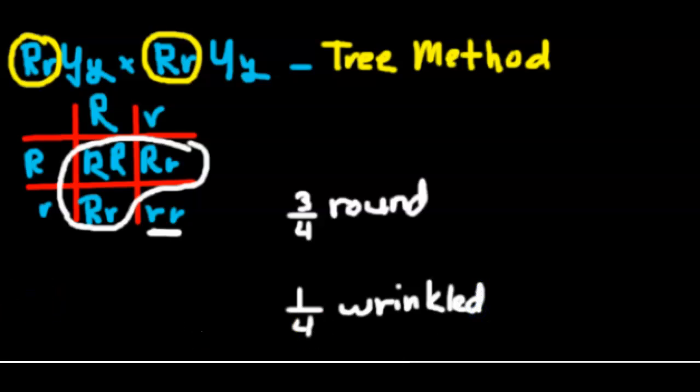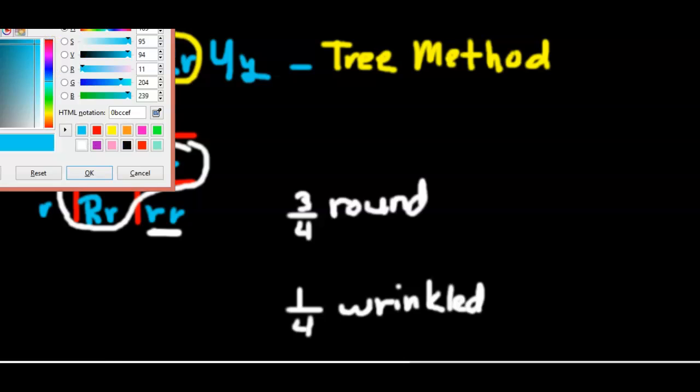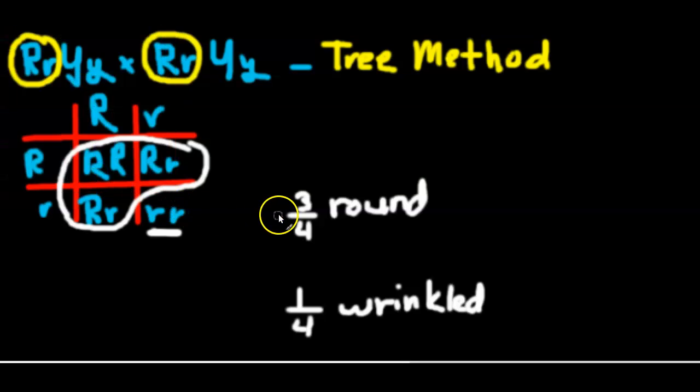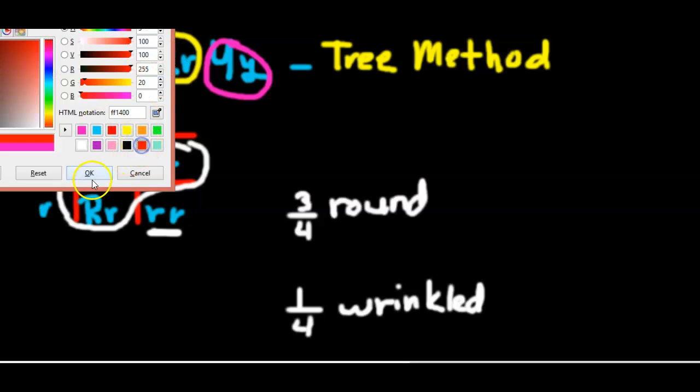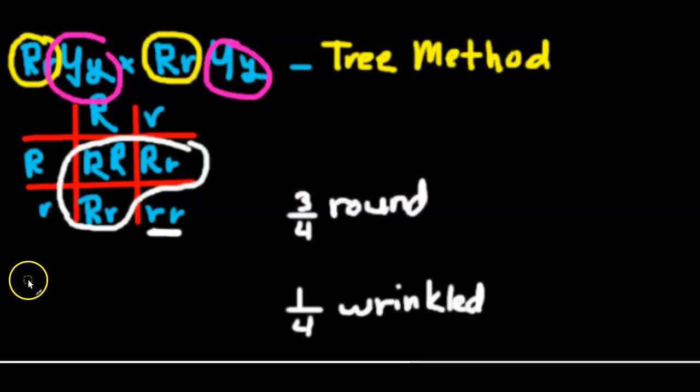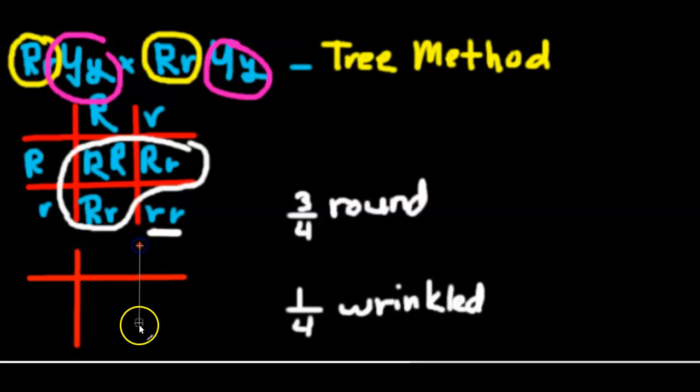And then what we're going to do is we are going to get a different color here. Do another monohybrid cross for our second trait. I'll use my orange again to make my boxes. Just different color.